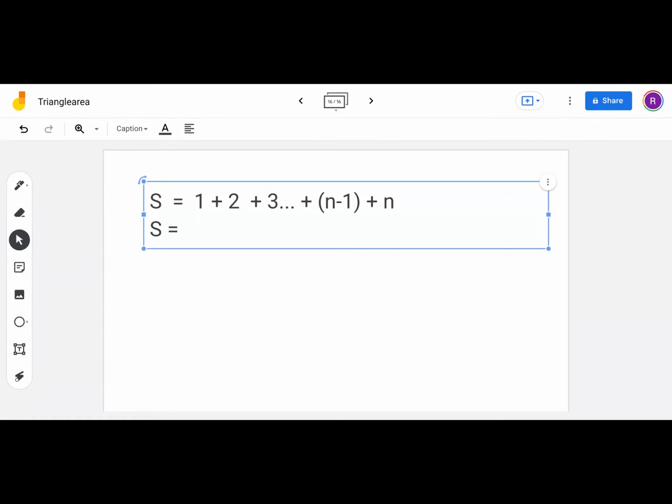There are 2 triangles, right? One is the lower right triangle and the upper left triangle.